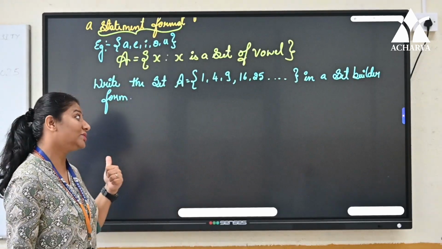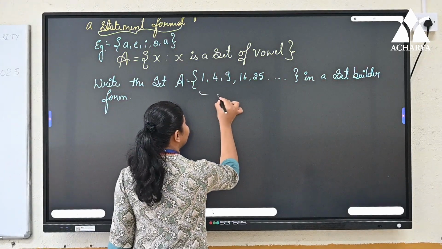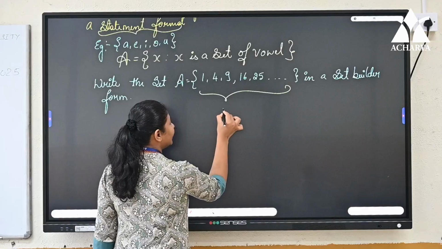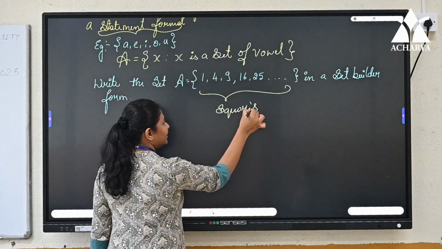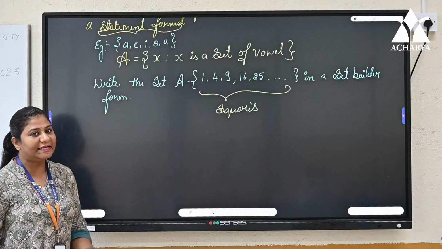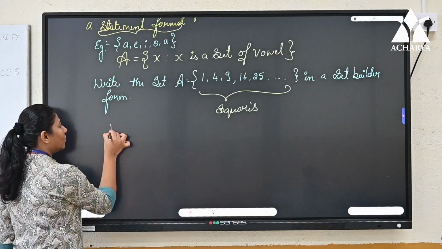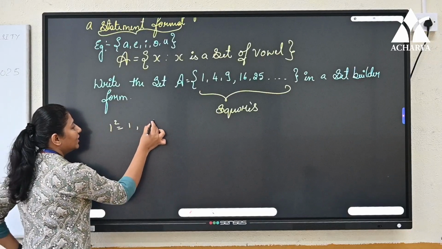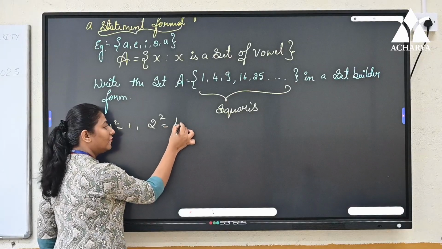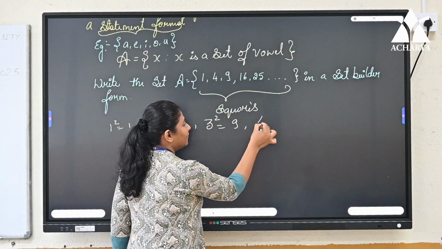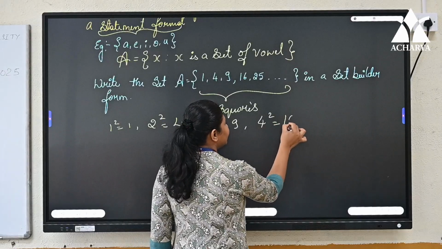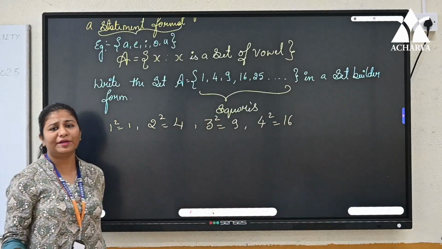By analyzing this, you can say that the given set of numbers is in the formation of squares of each number. So 1 squared gives 1, 2 squared gives 4, 3 squared gives 9, 4 squared gives 16. Like this it will go on.